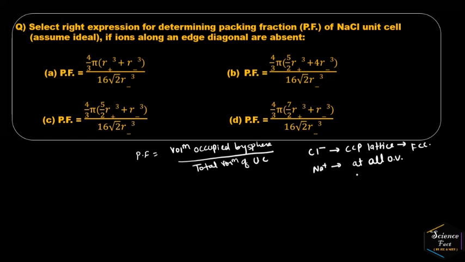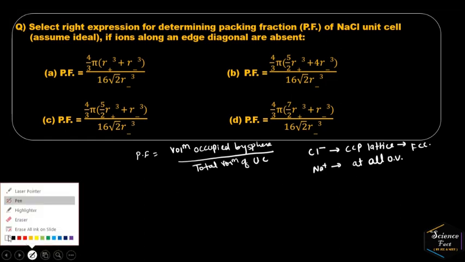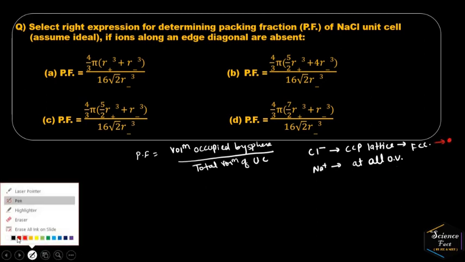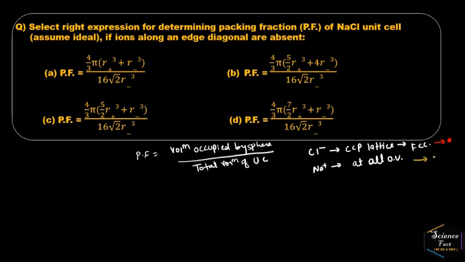On the basis of this information we can draw a picture, and then apply the condition given in the question. Let's suppose chloride ions are represented by red spheres and Na+ by yellow spheres. Then if ions along an edge diagonal are absent, what should the picture of this unit cell be? Let's suppose we have the complete picture.